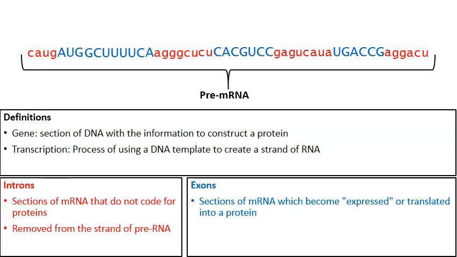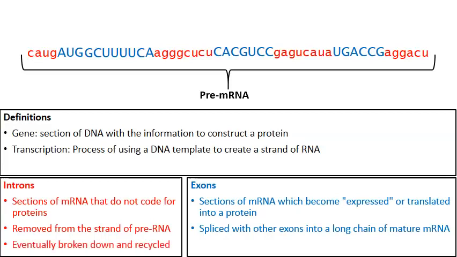Introns, in red, are eventually going to be removed from that strand of pre-mRNA. And the blue exons are going to be spliced together into one long chain, and when this process is finished, we're going to just call that chain mature mRNA. The red introns that are removed are eventually just broken down, and the nucleotides are recycled for use later on in the cell.